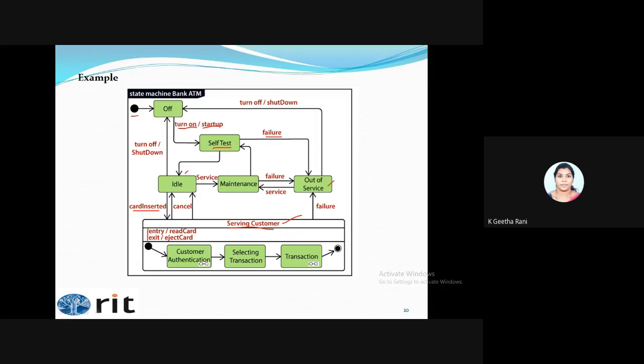Since it's a substate, again I'm using an initial state for it. Here I'm using a symbol called the decomposition indication icon. This tells you that somewhere else I've made an elaboration of this customer authentication as a state machine diagram.